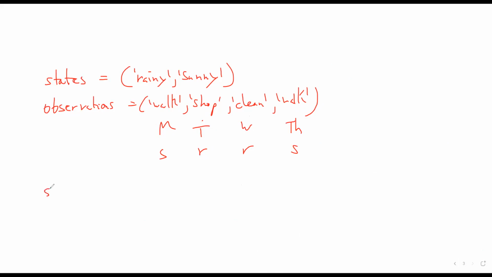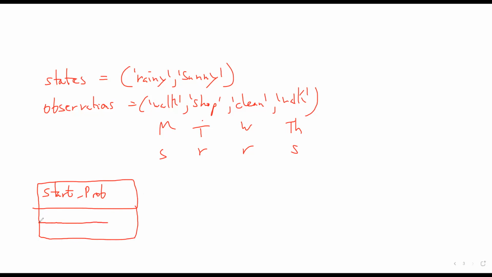All right, so the first one is the start probability. So let's call it start probs. And that's going to be the probabilities basically. So this table just says, these are the start probabilities.